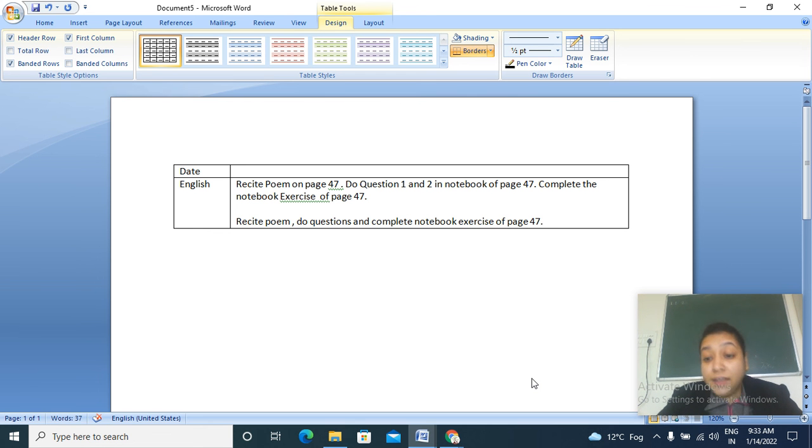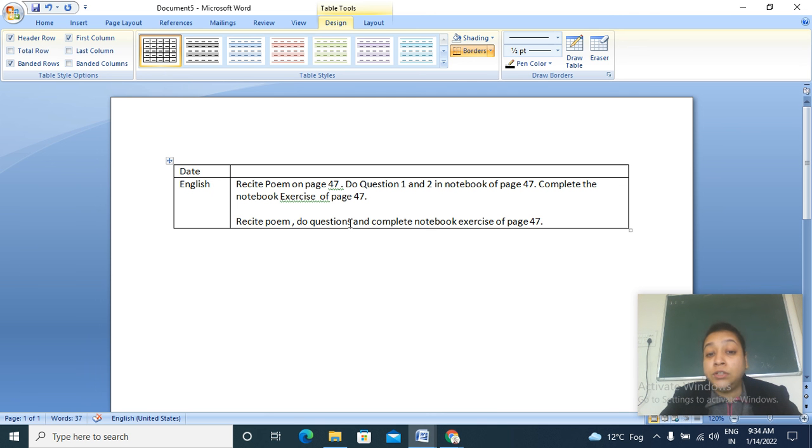So you can see this, how I'm using "and" to make 3 sentences into one sentence. So page number 47 is the common thing, and we are doing all this on page number 47 only. So I'm using "and" to make one sentence. Recite poem, do questions and complete notebook exercise of page number 47.